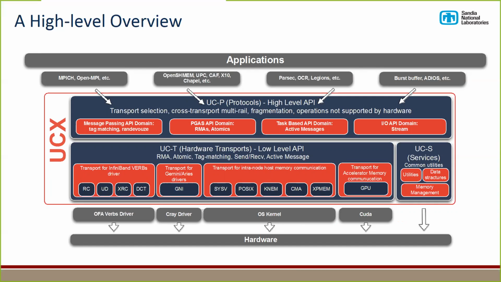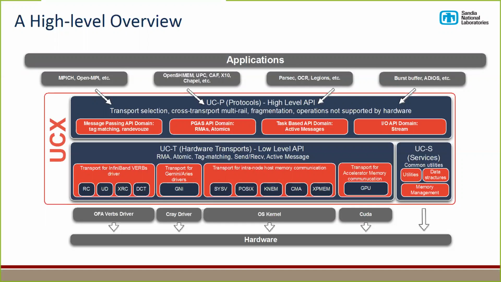On the low level, we have native support for modern InfiniBand devices, pretty much all types of transports. There is also support for OFA services that open support for other interconnects. Oak Ridge National Laboratory has been developing support for Cray.